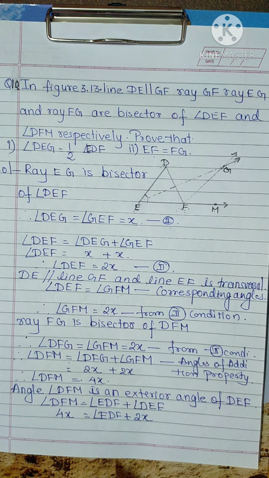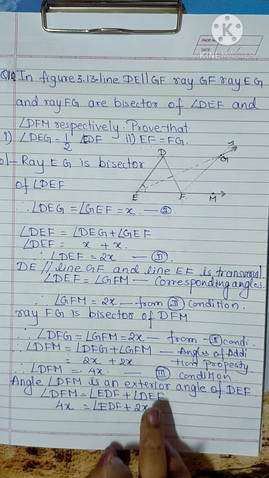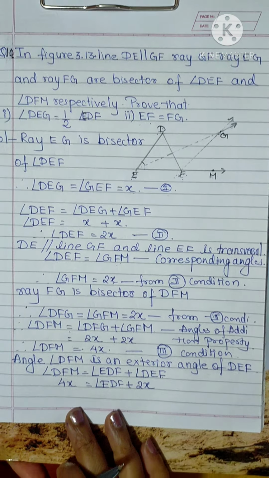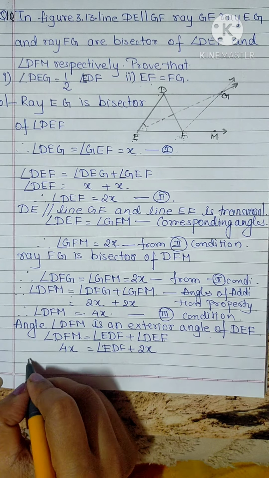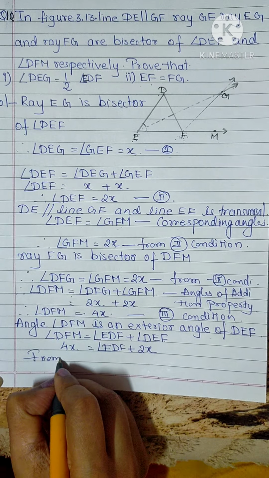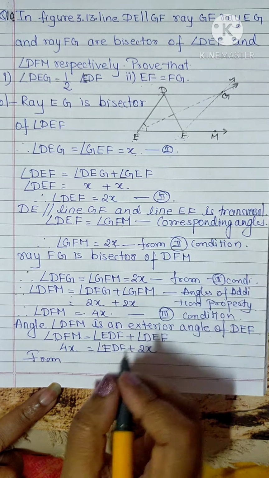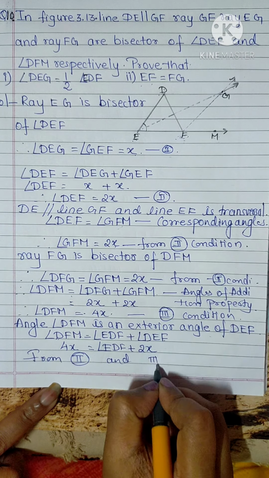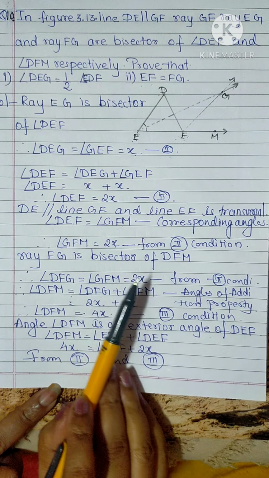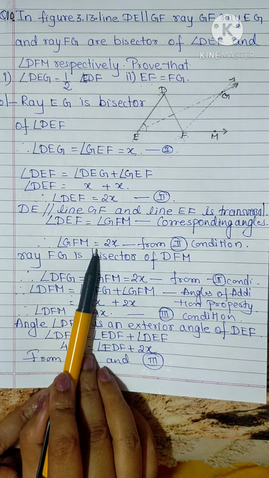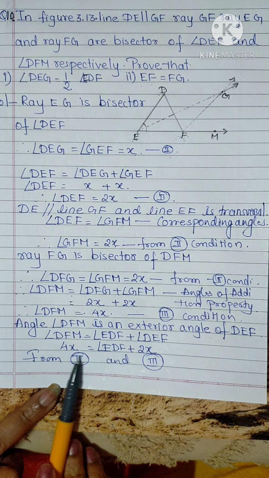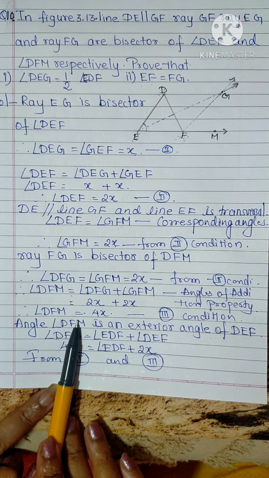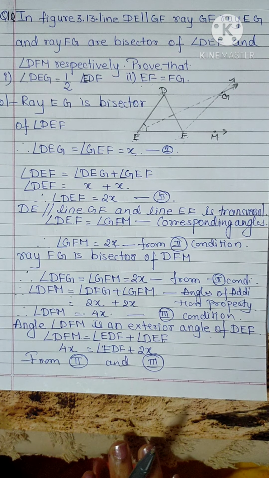Okay, this is our third condition. Now from the second and third condition, in the second condition we got 2x as GFM, and here we got 4x in DFM.